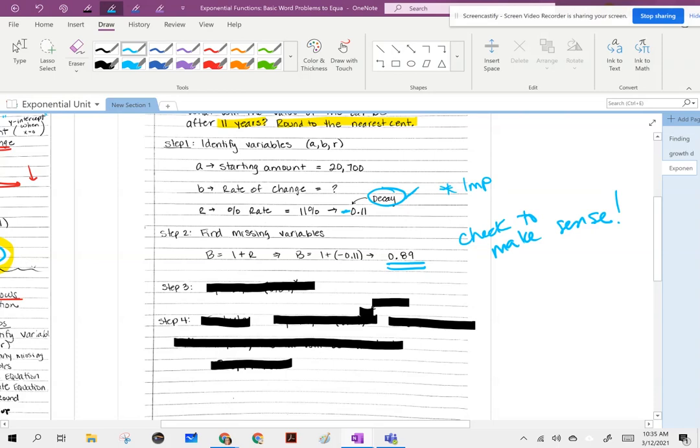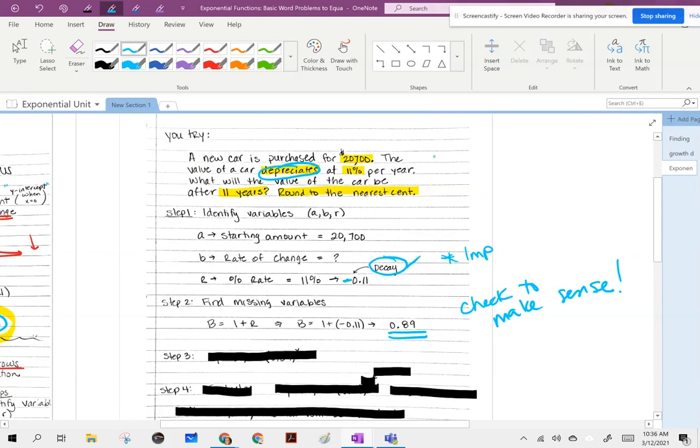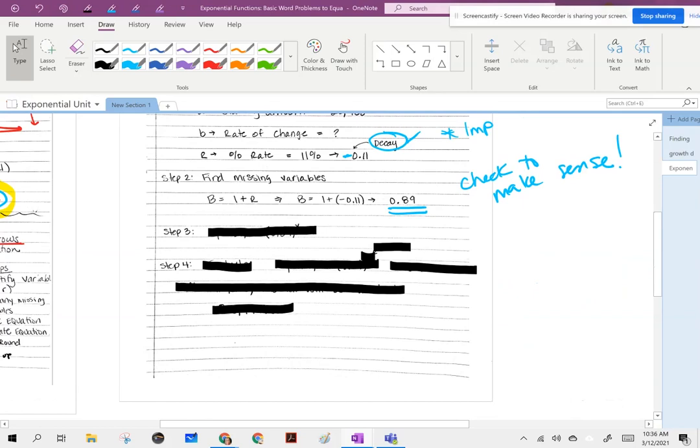If you had a number bigger than 1, that means it would be growth. And in this particular word problem scenario, we should know that the value of the car is getting smaller and smaller and smaller as the years go on. So just always make sure that you're getting things right as you go along. It's a good way to check.